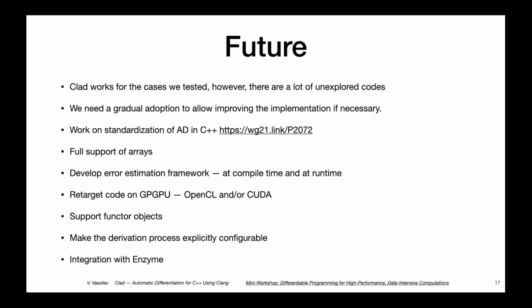We also need adoption in the ROOT package and beyond, but a gradual one, so that we can have a loop where we start looking into possible use cases to support, and also we want to start getting back feedback on how to improve the implementation or what's not supported.